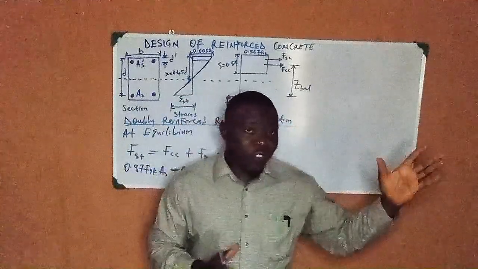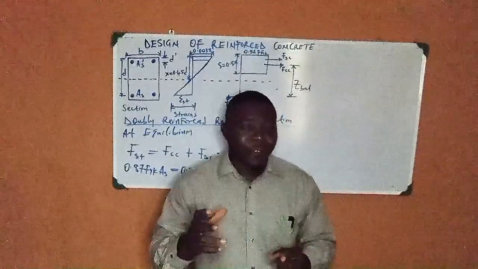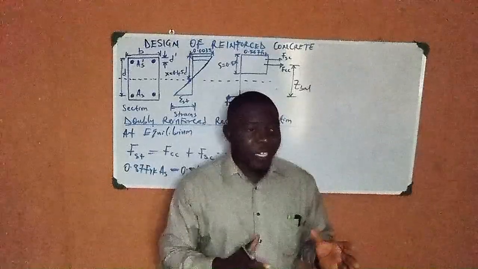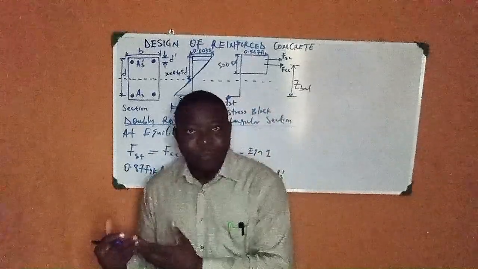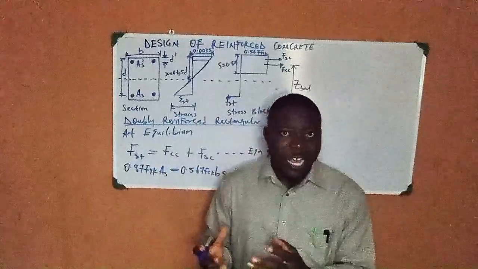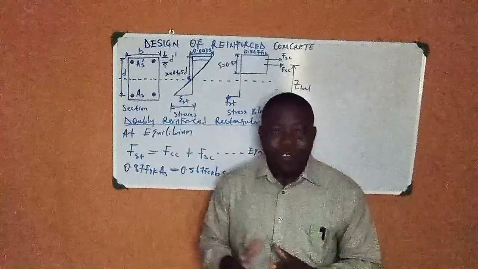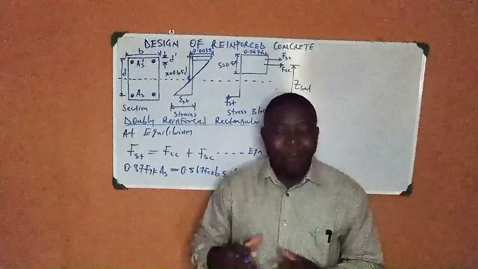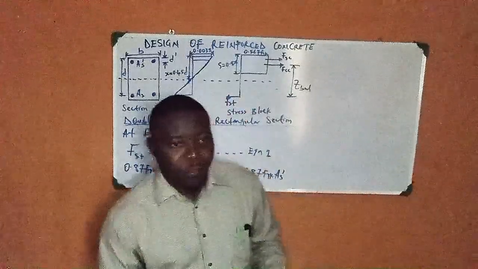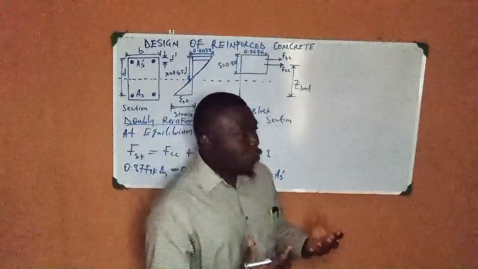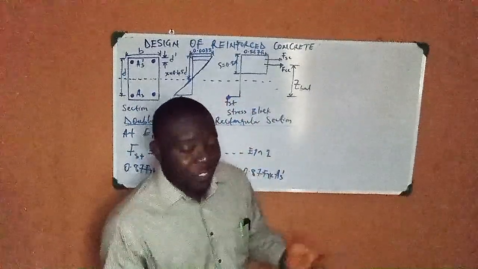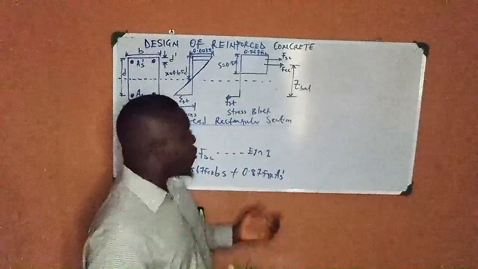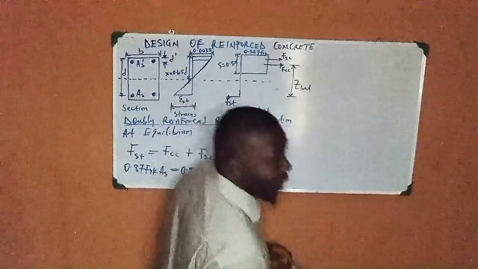Then some places use 510 Newton per mm square. But in my country, to make up for some irregularities, some impurities and other factors that have been factored into it, we usually make use of 410 Newton per mm square.